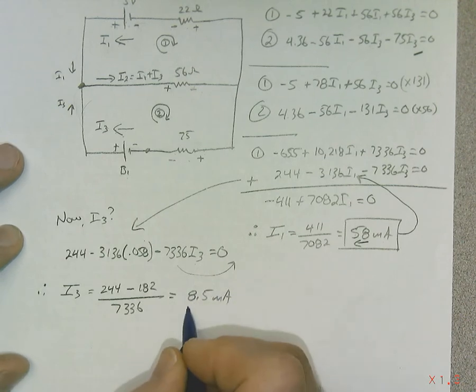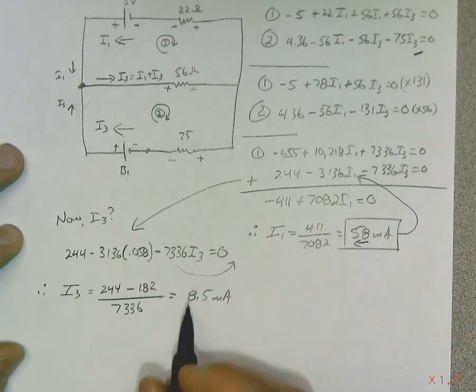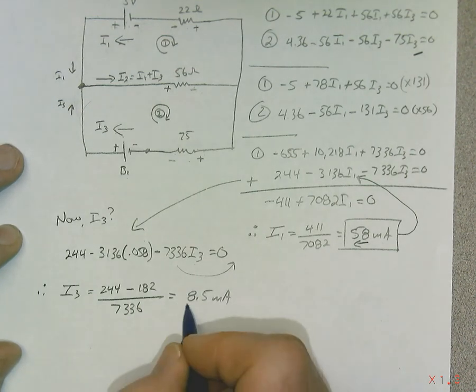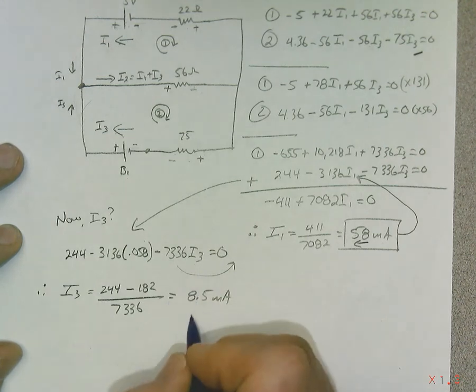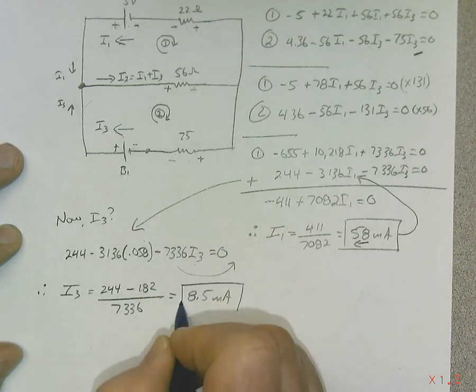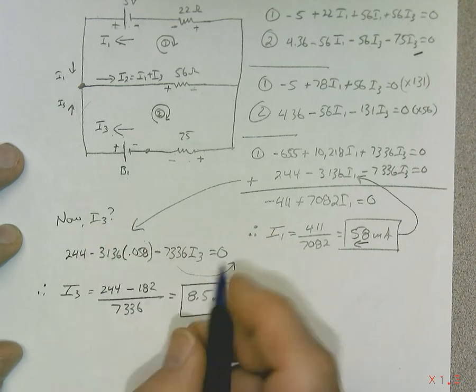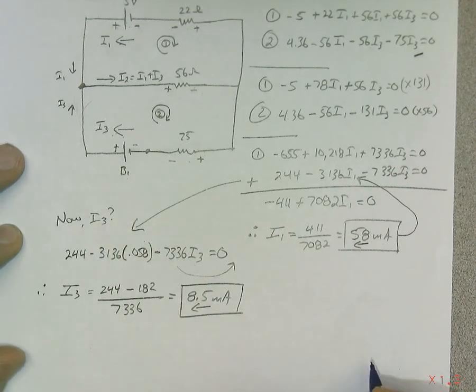It's 0.008 amps. Now, it's positive again. Therefore, our assumed direction of I3 was correct, and it's in that direction.